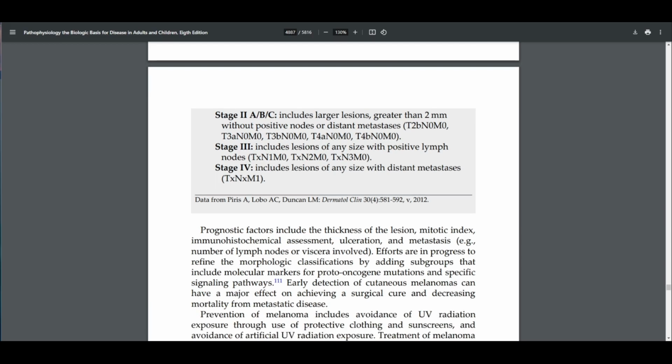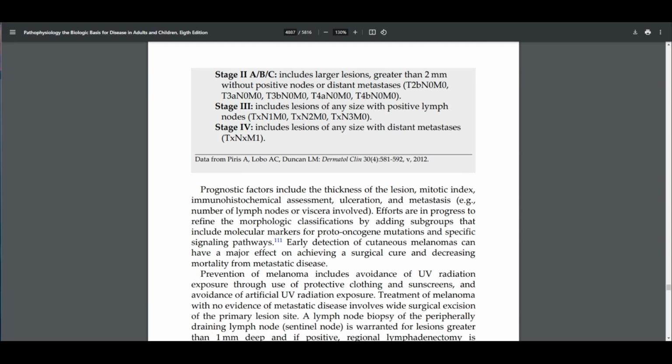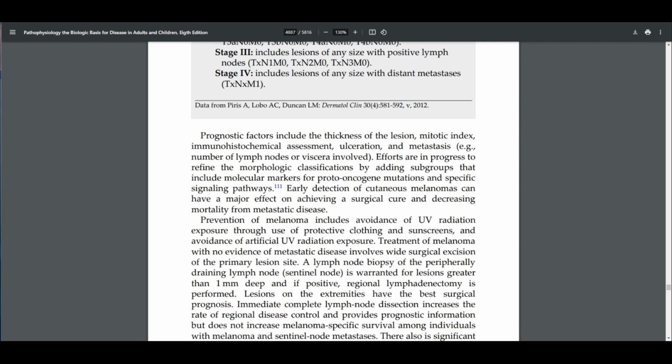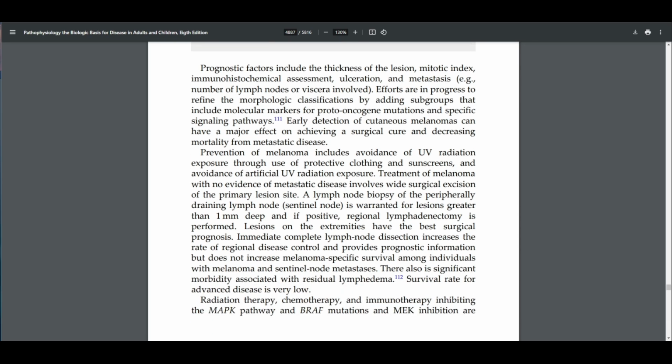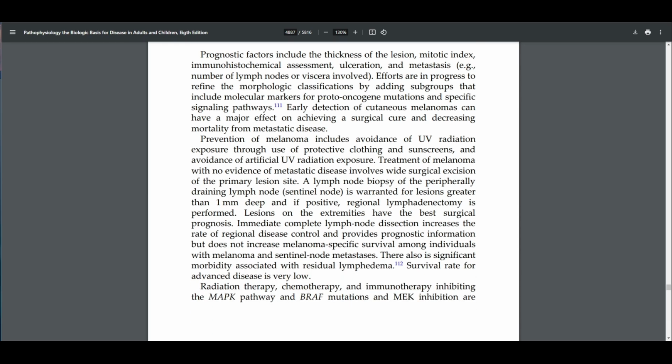Prognostic factors include the thickness of the lesion, mitotic index, immunohistochemical assessment, ulceration, and metastasis. Efforts are in progress to refine the morphologic classification by adding subgroups that include molecular markers for proto-oncogene mutations and specific signaling pathways.